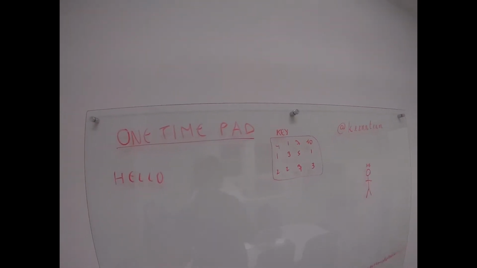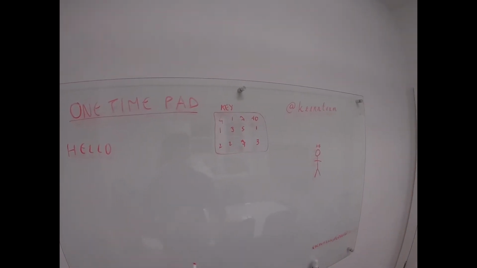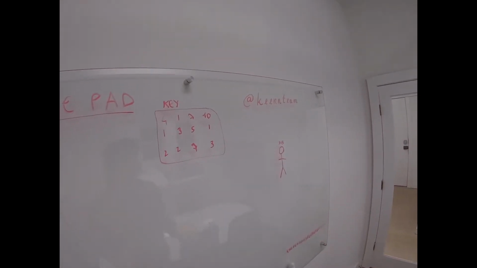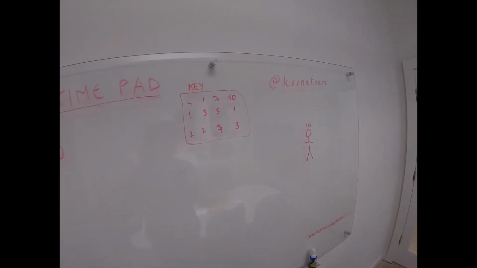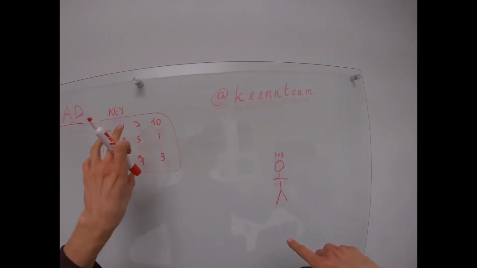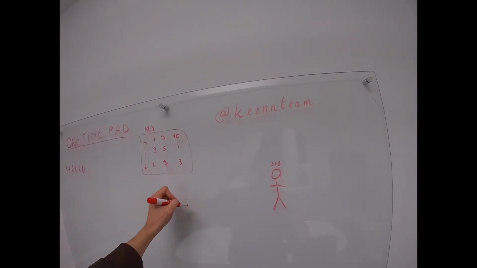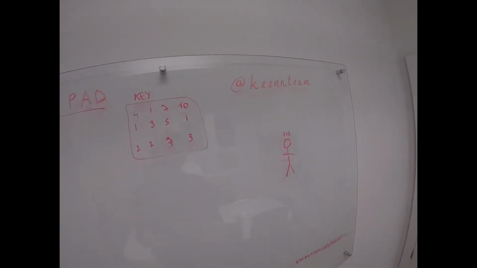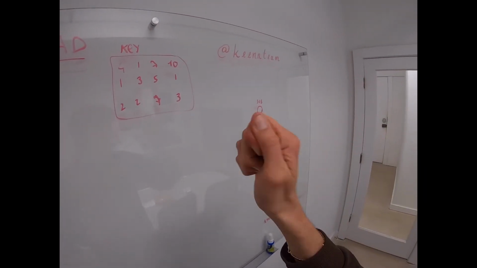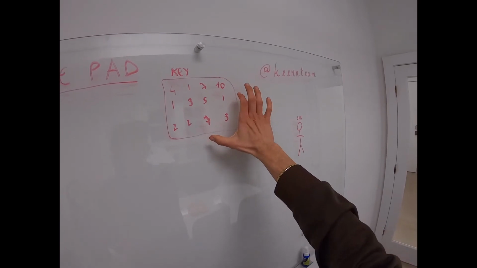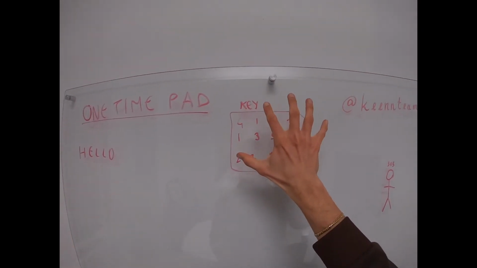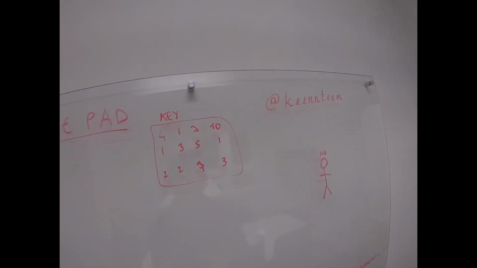First thing first, since this is a symmetric encryption algorithm, I need to get the key to Bob. And keep in mind this because we're gonna get back to this key delivery later, but I'm gonna drive to Bob's house with my briefcase, and I'm gonna hand to Bob this piece of paper, which is called the one-time pad, the key for the one-time pad.